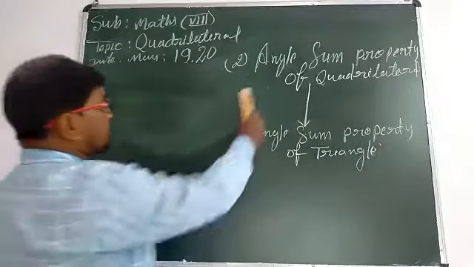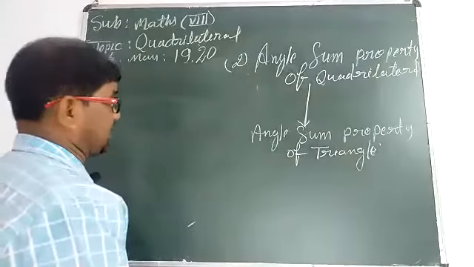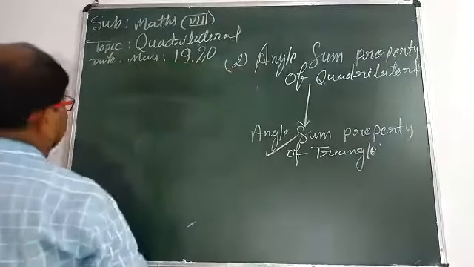Okay? This is our point, angle sum property of quadrilateral. But first of all, we should check the angle sum property of a triangle.